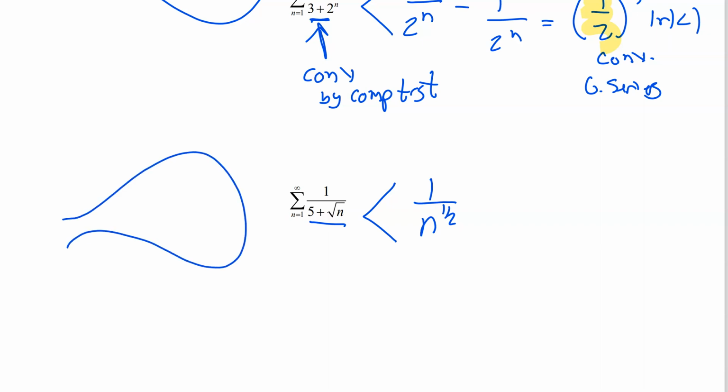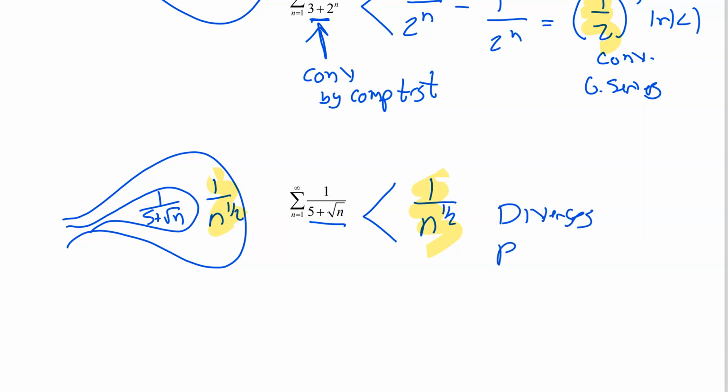This larger piece is on the outside of the balloon, whereas on the inside we have this 1 over 5 plus root n, right? Well, I believe this series that we're comparing to diverges by the p-test, right? Because a p-series will only converge if the power is greater than 1.